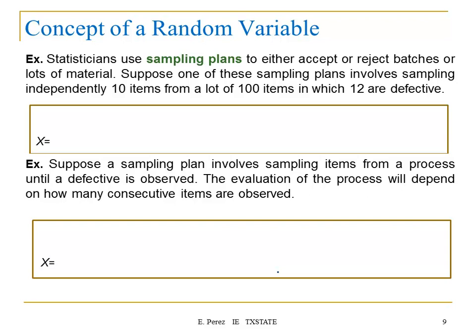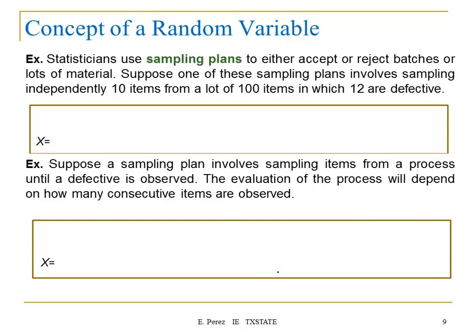Engineers use sampling plans to either accept or reject batches or lots of materials. So suppose one of these sampling plans involves sampling independently 10 items from a lot of 100 items, in which 12 are defective. If you were to define a random variable, let's say the number of defectives in the sample of 10, how many values would that random variable have?